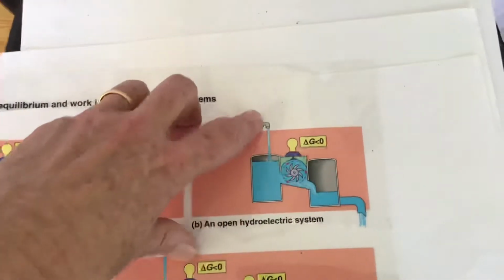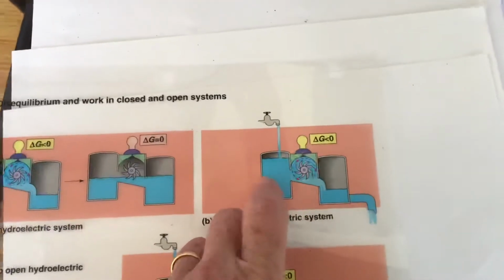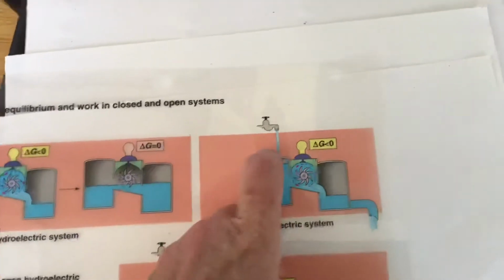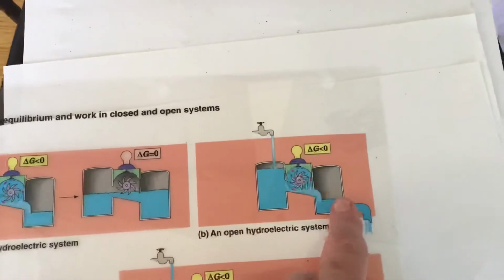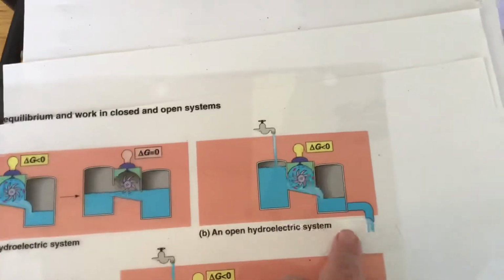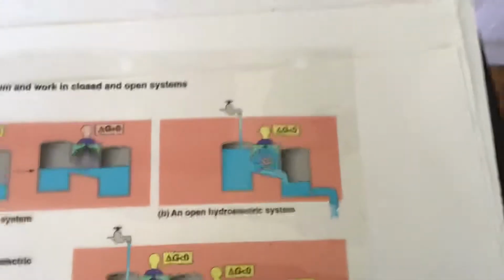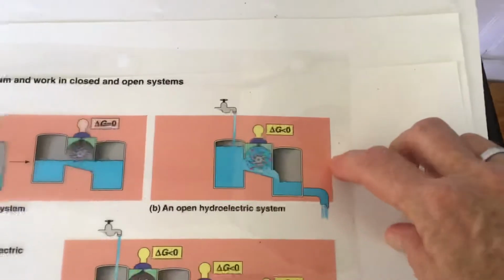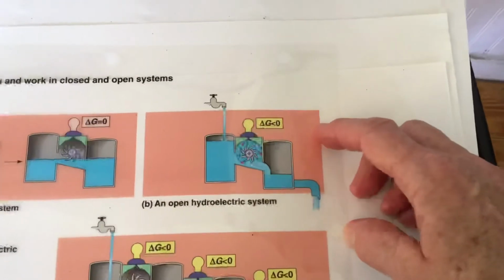I have stuff coming in and I have stuff coming out, and always this water on this side has potential that will run in the delta G going downhill scenario. This is called disequilibrium, and you notice that in order to be alive, you would have to be in a state of disequilibrium.